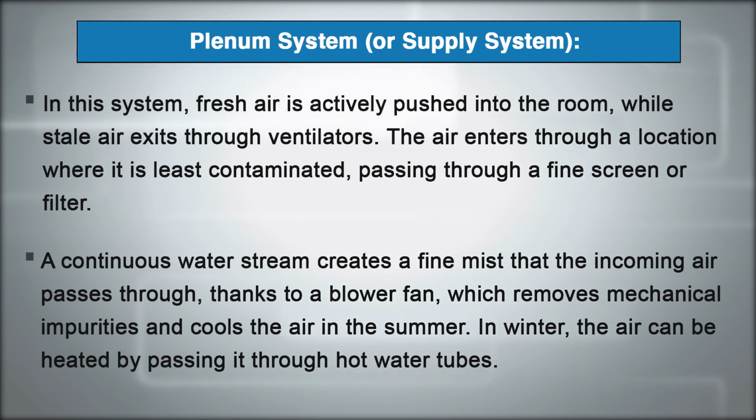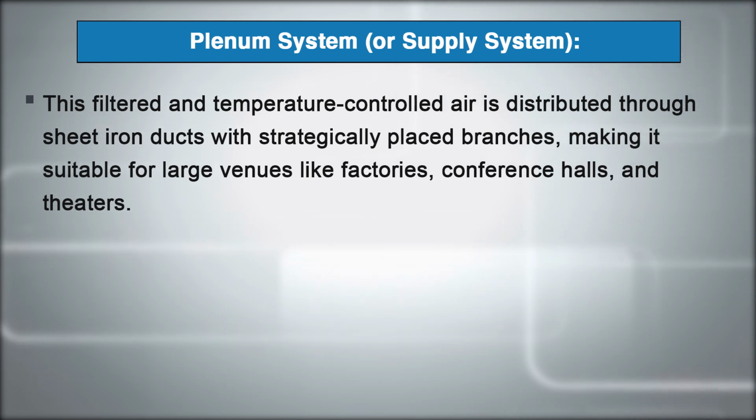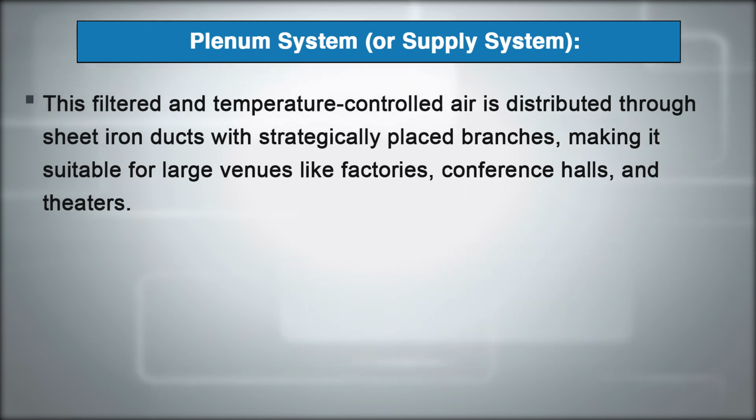In winter, the air can be heated by passing it through hot water tubes. This filtered and temperature controlled air is distributed through sheet iron ducts with strategically placed branches, making it suitable for large venues like factories, conference halls and theatres.